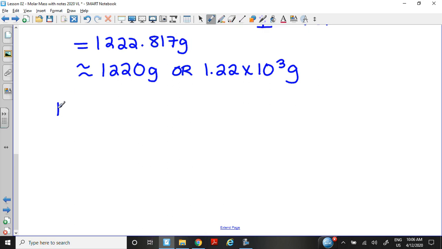So mass, you start off first, then you do your first calculation. Start off with what the question gives you, 5.67 times 10 to the 24 molecules. And then we go through and still do the same step to start with Avogadro's number.